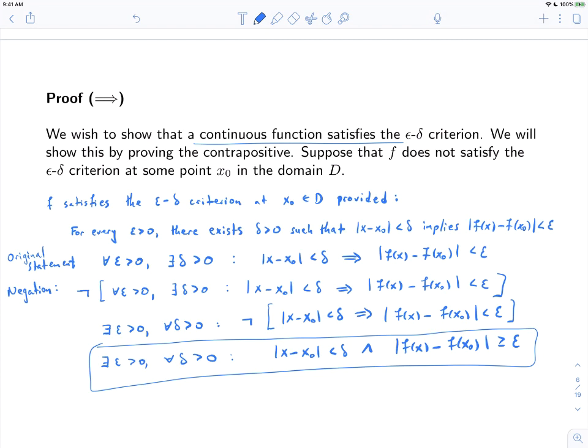Okay, so this is what we're going to assume. And our goal is to show that the function is not continuous. Okay, that's our plan. So let's do that.